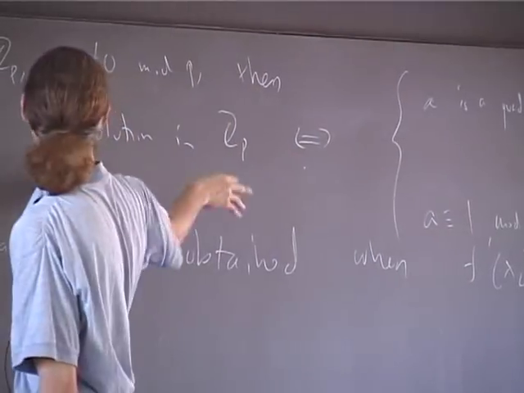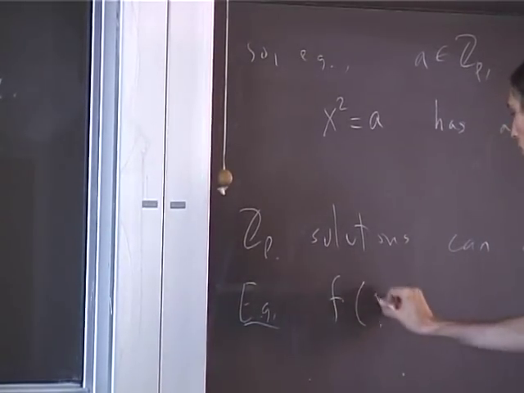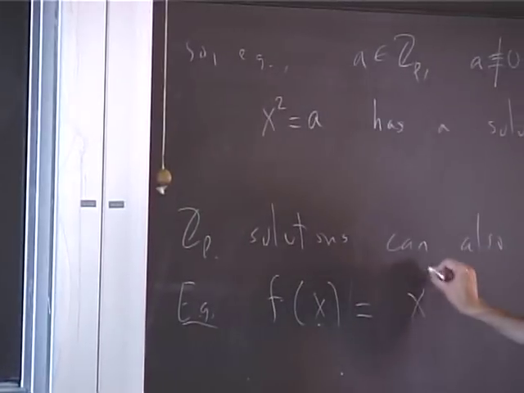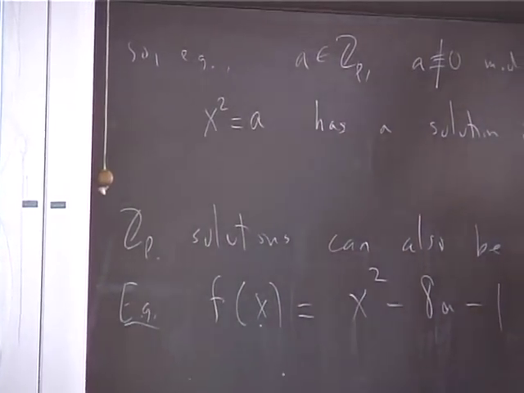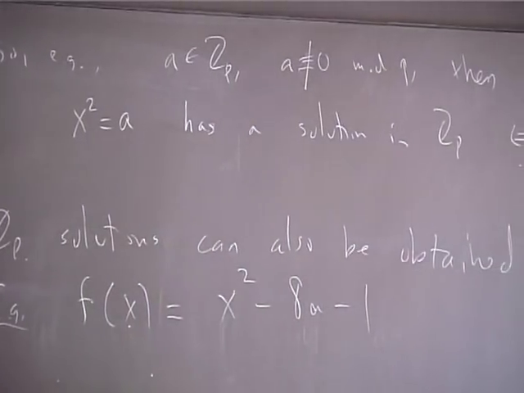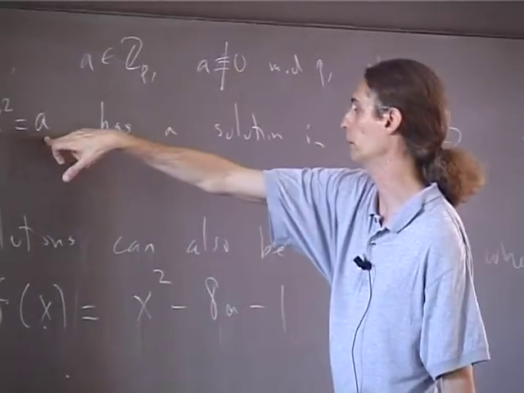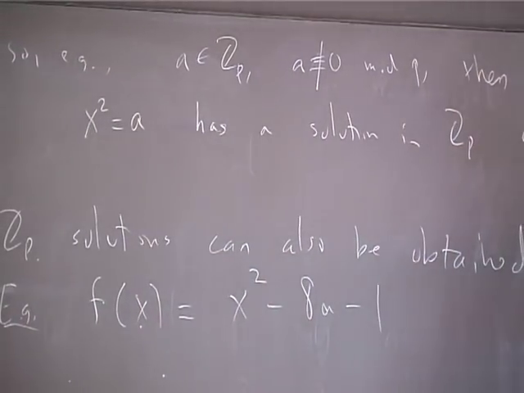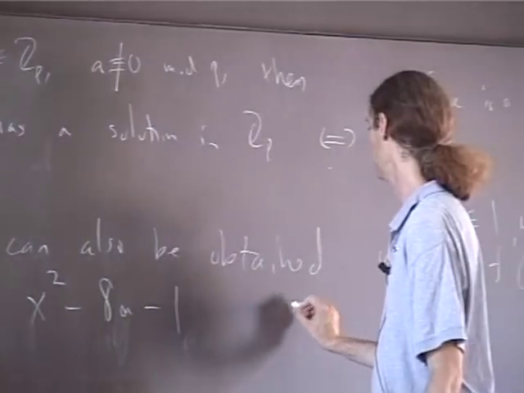So let me just work out this case. Okay, so I've just written down the equation for x squared equals some number that's 1 mod 8, and p equals 2.